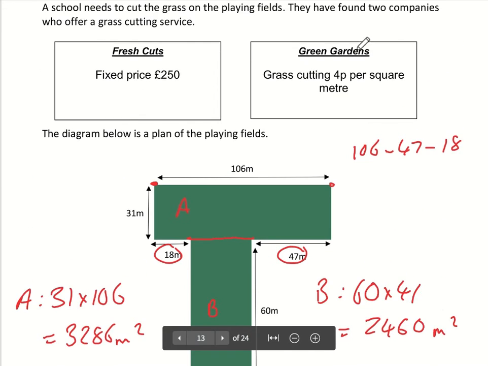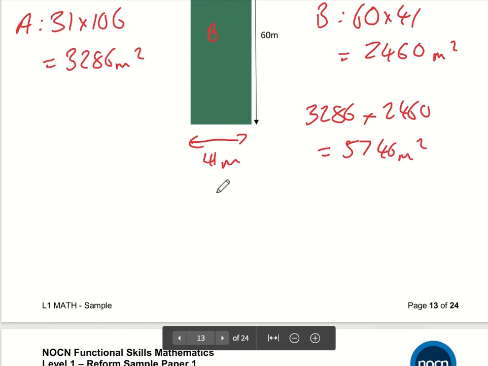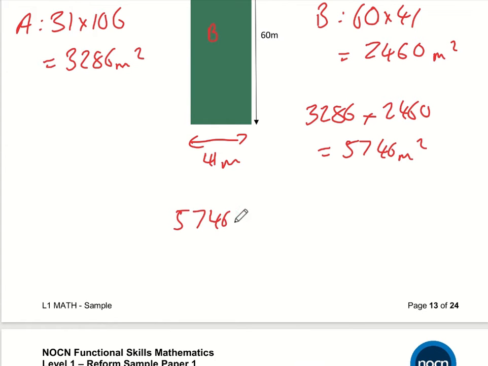So we know the price was 4 pence per square metre. So 5746 times 4p comes to 22984 pence. So it probably makes much more sense to put this in terms of pounds and pence. So divide it by 100, that's £229.84.